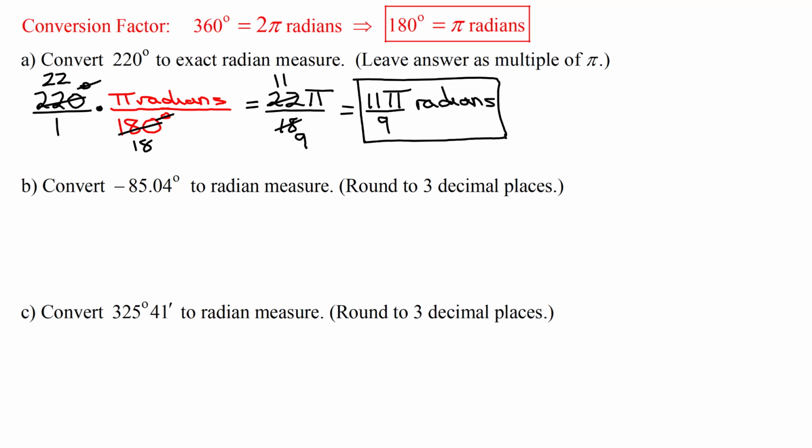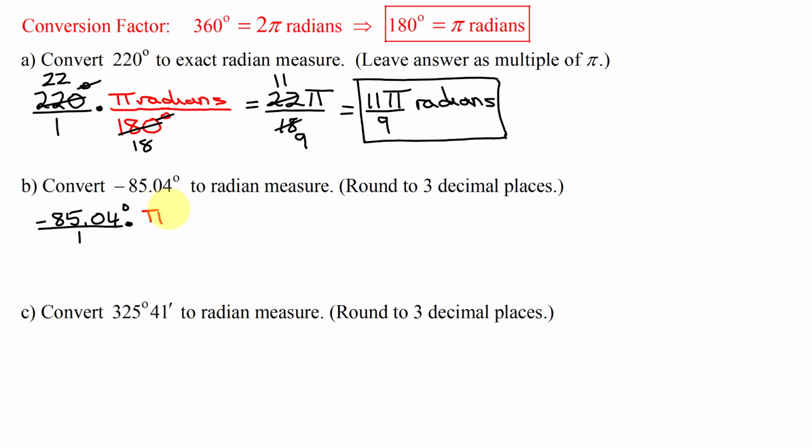In part B, I need to convert negative 85.04 degrees to radian measure. But in this case, I need to round to 3 decimal places, so I know I'm going to need a calculator. So take your given angle of negative 85.04 degrees, turn it into a fraction by dividing it by 1, and now I'm going to multiply by the same conversion factor.